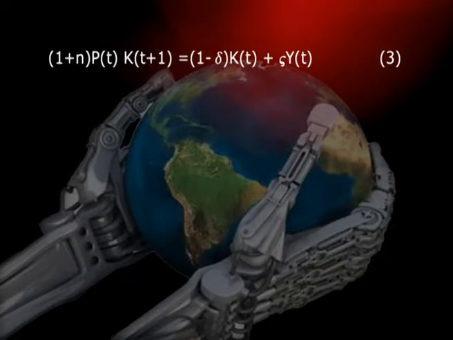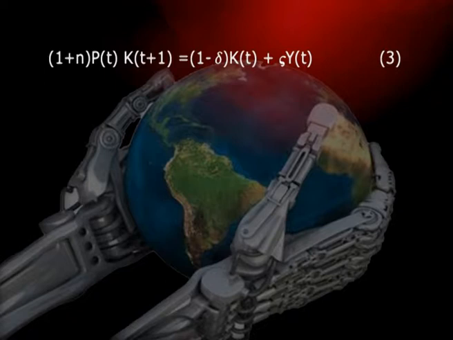Introducing population growth in equation 2, we obtain 1 plus n Pt into K t plus 1 is equal to 1 minus delta Kt plus sigma Yt.